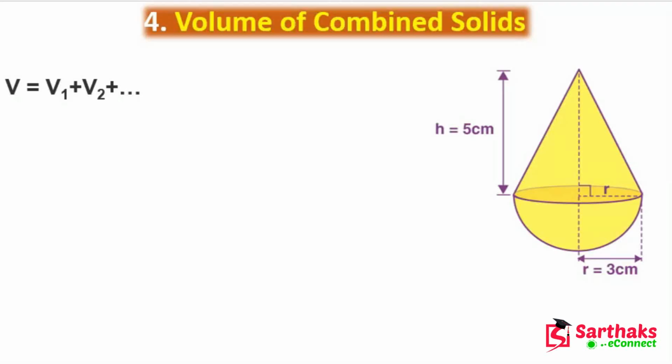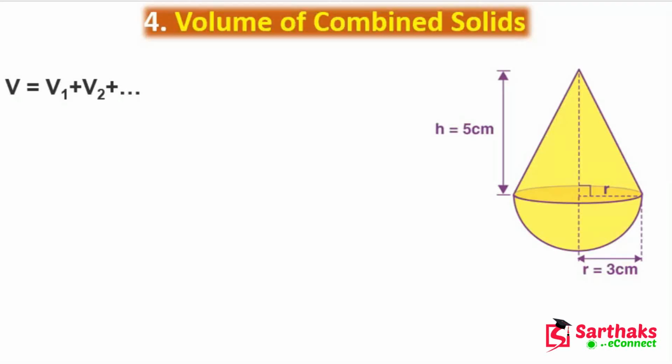We all know all three-dimensional shapes have surface areas and volume based on their dimensions. Now, in real life, there are many shapes that are formed by combining different shapes. Let's suppose a tent.